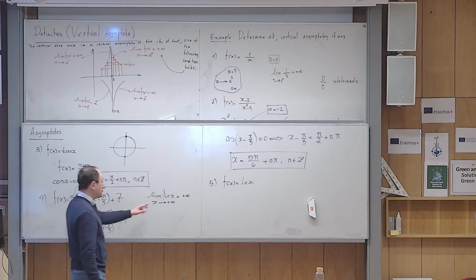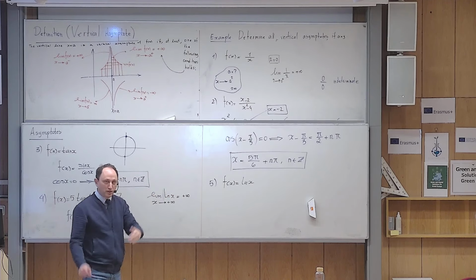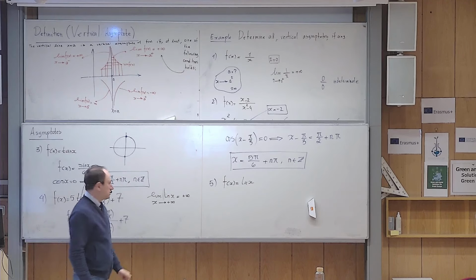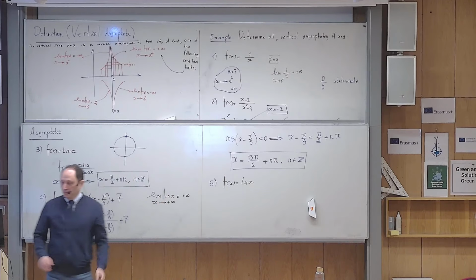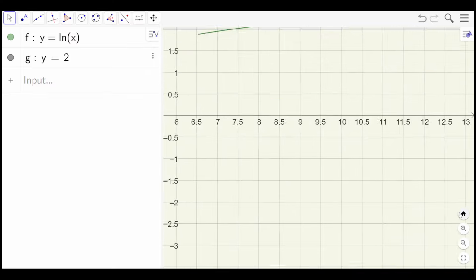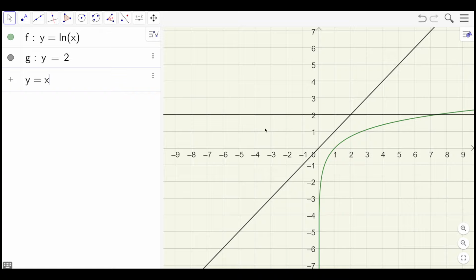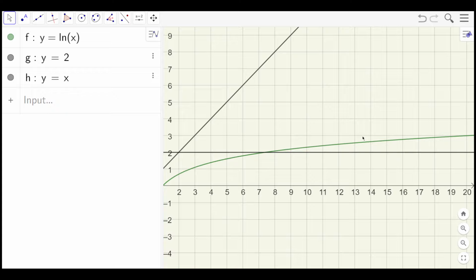But the increase rate of ln is so slow that you get the wrong impression that there is an asymptotic behavior going on somewhere. If I compare this one, it is good to see that as well. If I go to home and draw y equals x, y equals x is actually much, much bigger than ln of x.